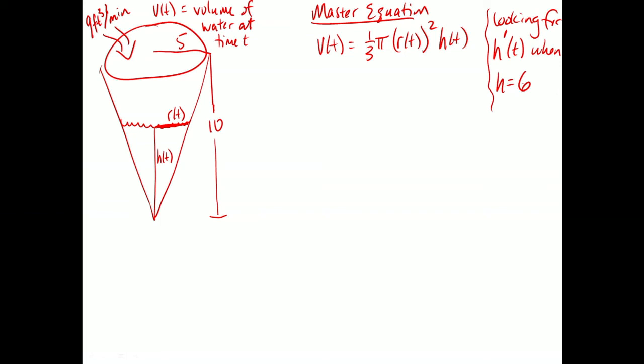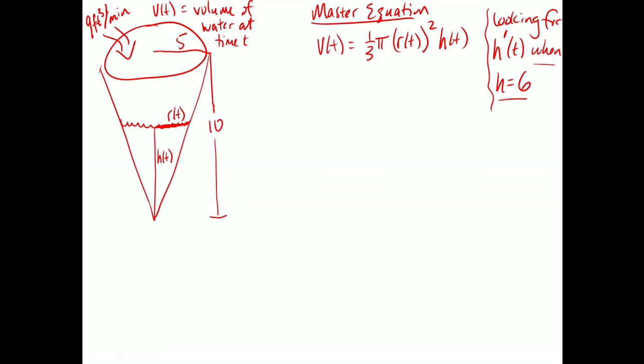I don't know t, right? I don't know what time this is going to happen. I could probably figure it out, but let's not. I am being referred to a specific moment, right? When the height of the water is 6, that's a specific moment. That's literally an instant in the process of this water flowing in.